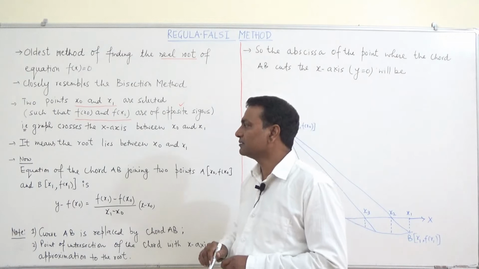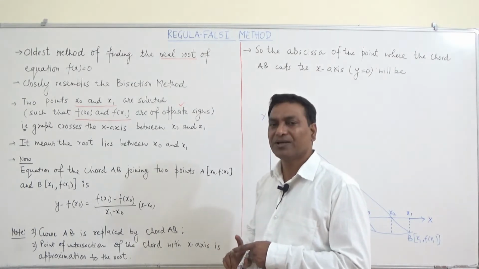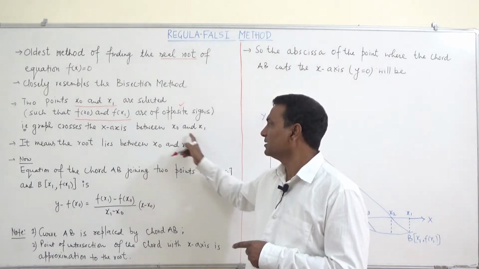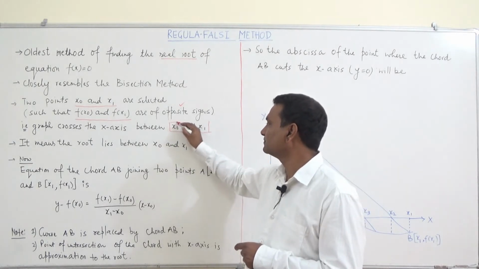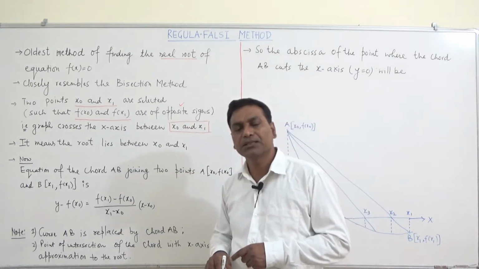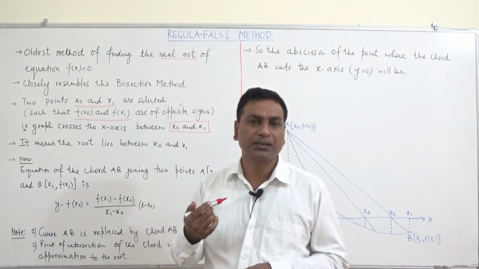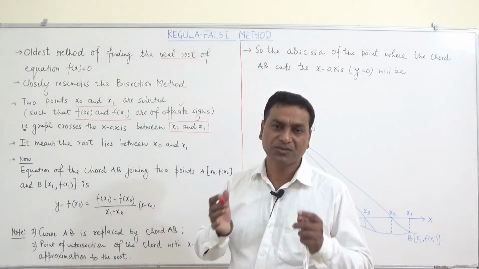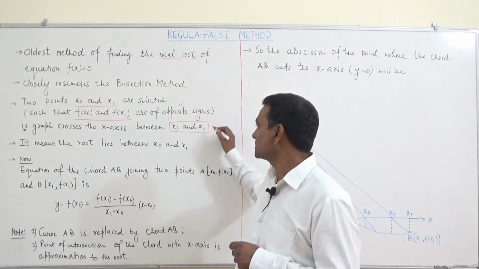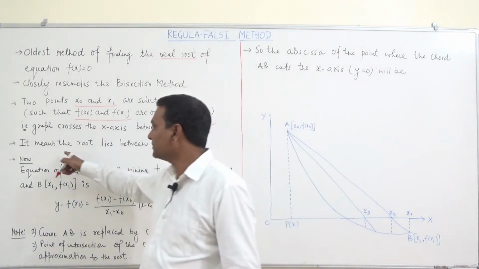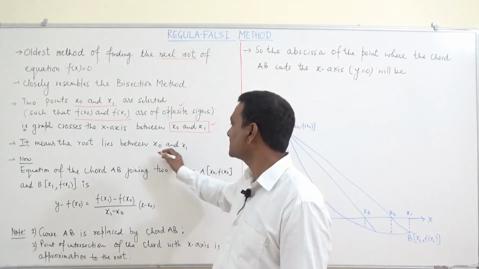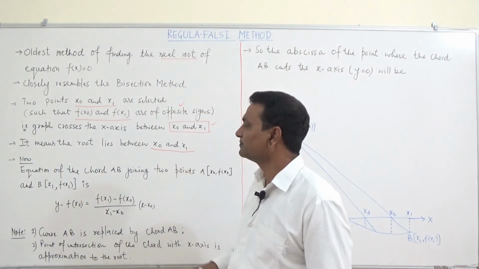That is to say, the graph will cross the x-axis between x0 and x1, or we can say the ultimate root will lie between these two values. This is x0 and x1. From here we will start, which means the root lies between x0 and x1.